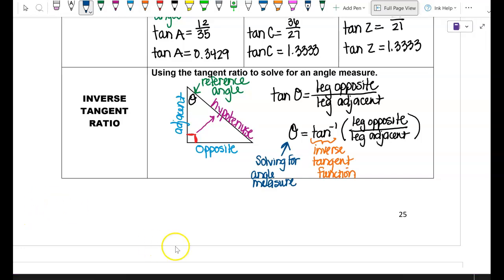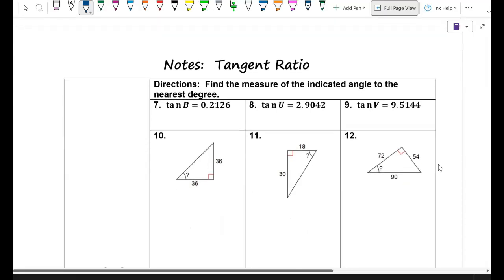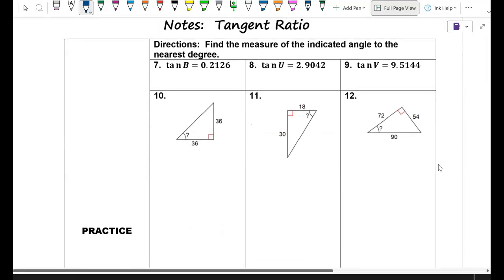All right, so if we go to the next page and look at the examples here, it says find the measure of the indicated angle to the nearest degree. And they will do this a lot. When they're asking you to find an angle measure, they'll ask you to find it to the nearest degree. If they're asking you to find a side length, they'll usually ask you for the nearest tenth.